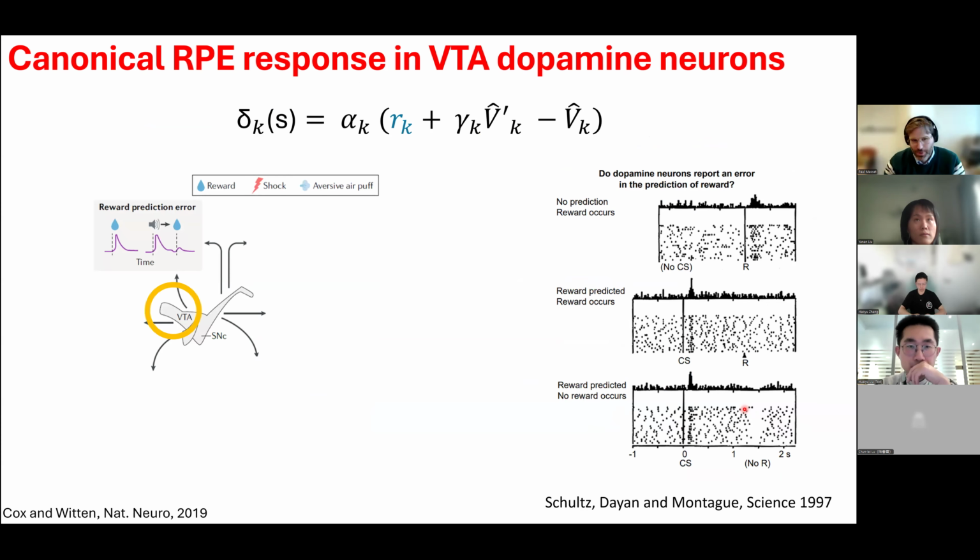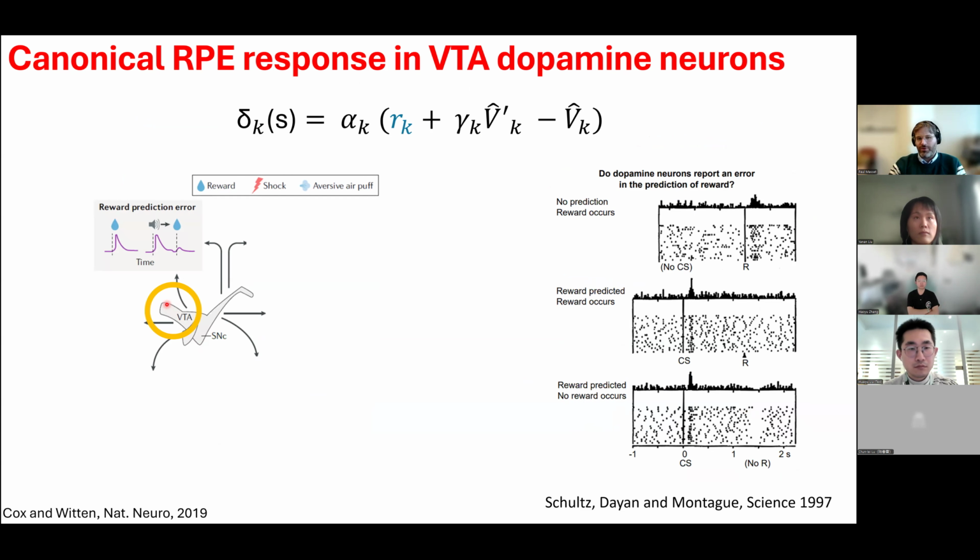But one thing that's important is that the neurons that really follow this reward prediction error are a subset of neurons from the ventral tegmental area that project primarily to the ventral striatum. It's this subset of dopamine neurons that really follow this rule.